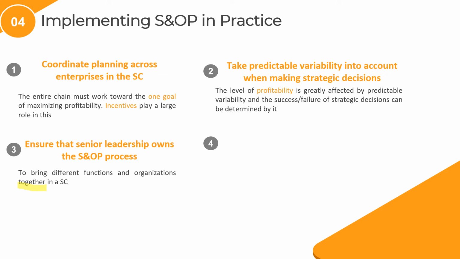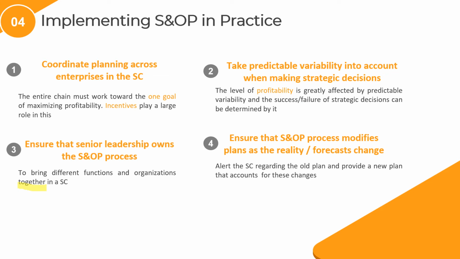And then the last one is to ensure that the SNOP process modifies plans as the reality or the forecast changes. So the planners need to alert the supply chain regarding the old plan and provide a new plan that accounts for these changes.